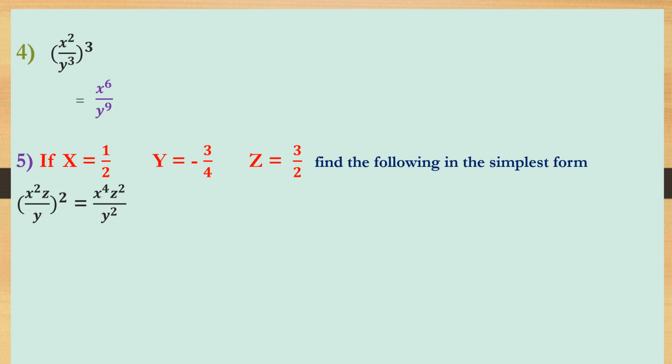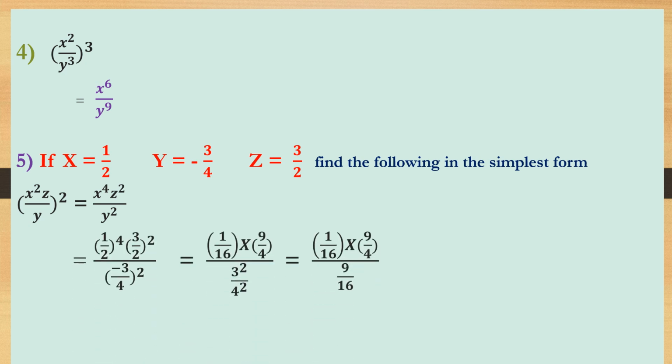Now by substituting the values of x, y and z in this form, it will be (1 over 2) power 4 times (3 over 2) power 2, over (negative 3 over 4) power 2, which equals 1 over 16 times 9 over 4, divided by 3 power 2 over 4 power 2, which equals 1 over 16 times 9 over 4 over 9 over 16.